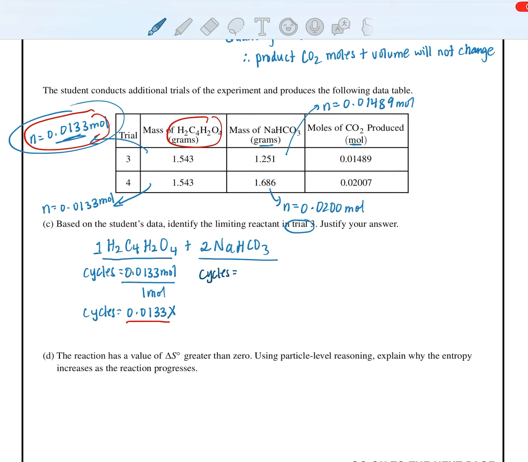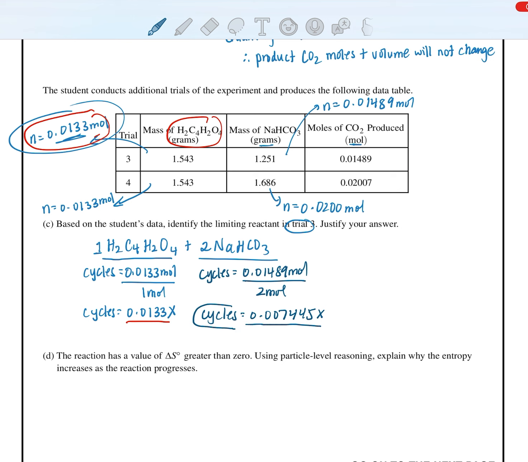In trial 3, it's 0.01489 divided by the theoretical moles, or the ideal mole ratio. We get a cycles of 0.007445 times. So whatever number is the smaller cycles, that is your limiting reactant.